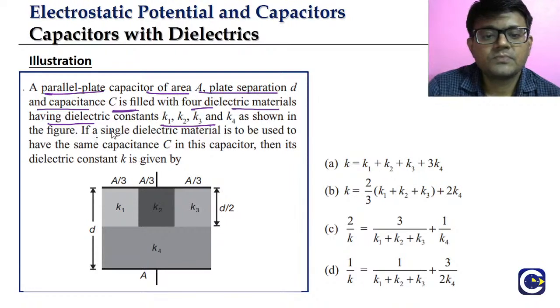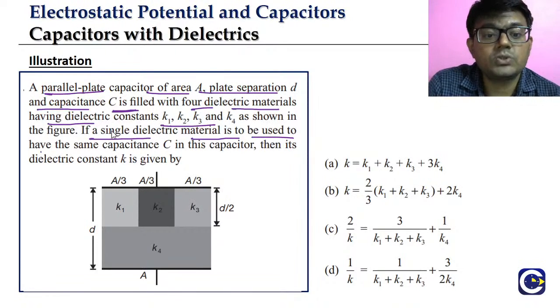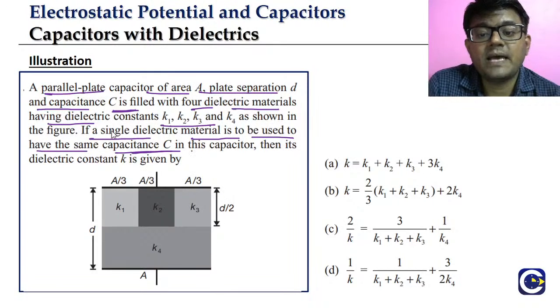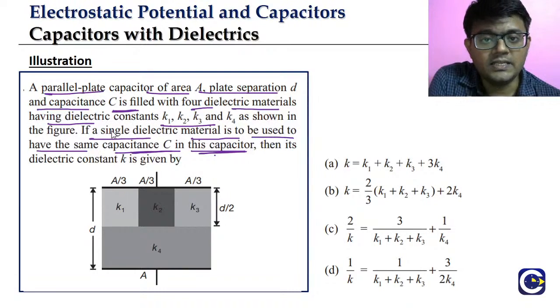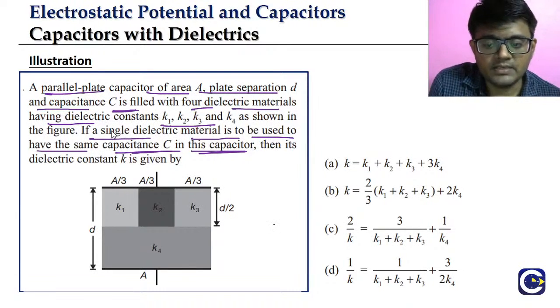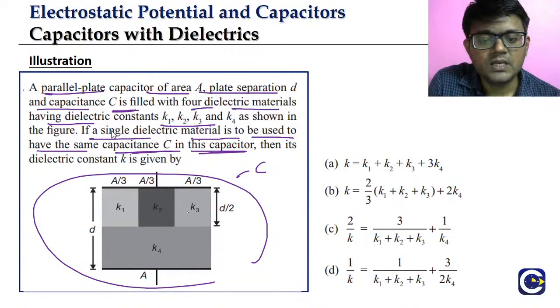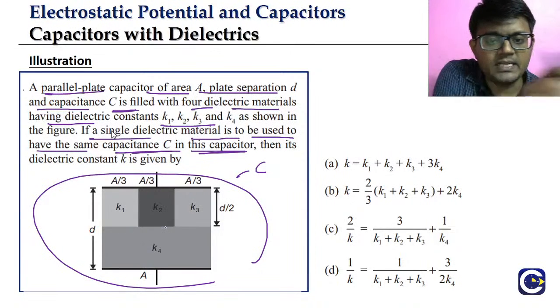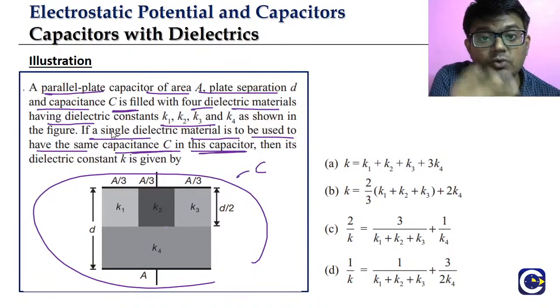If a single dielectric material is to be used to have the same capacitance C, then whatever the arrangement, it is giving a capacitance C. We remove all the materials inside and replace them with a single material that is going to give the same capacitance value.